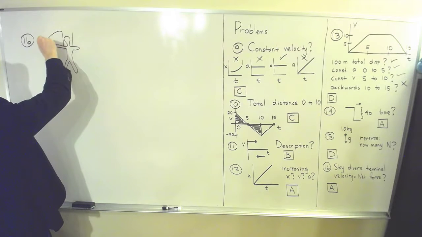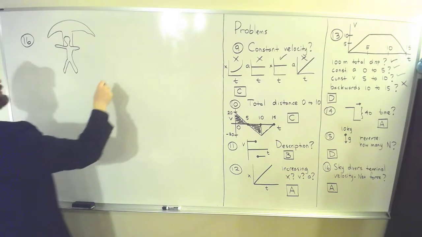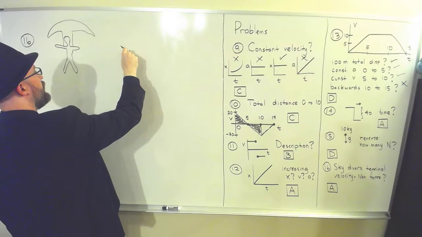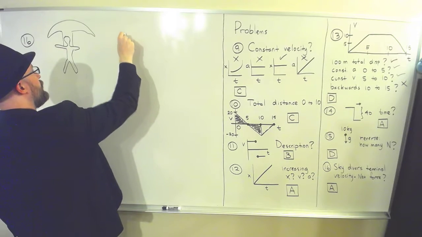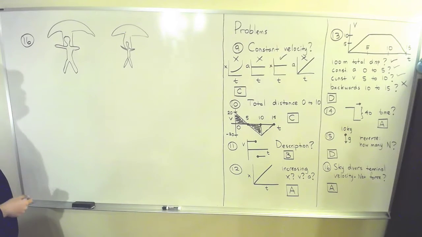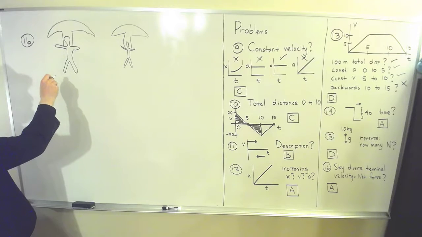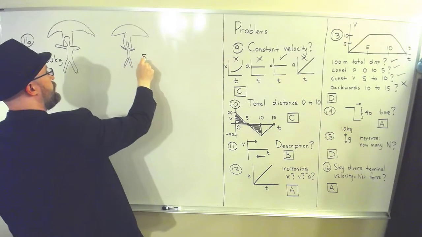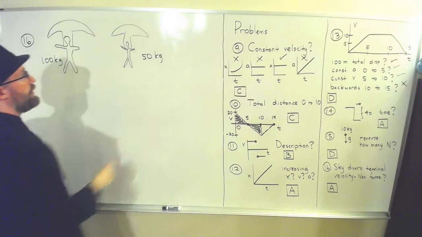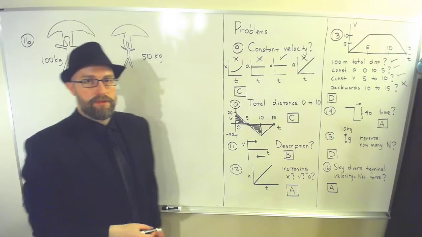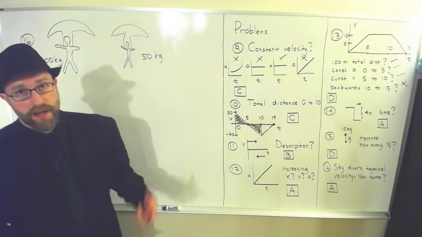Here's the big skydiver with its parachute, and you have the little skydiver with its parachute. It says that this one, I think this was 100 kilograms, I'm not sure. This one's 50 kilograms. And it says they both reach a constant velocity. It doesn't say terminal velocity, but that's the way you usually describe this.